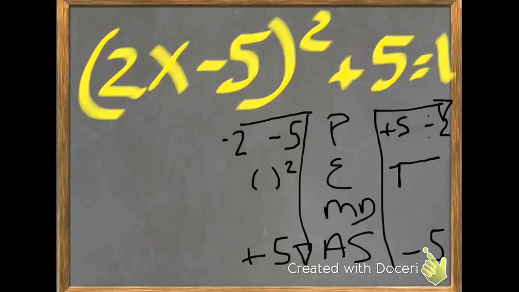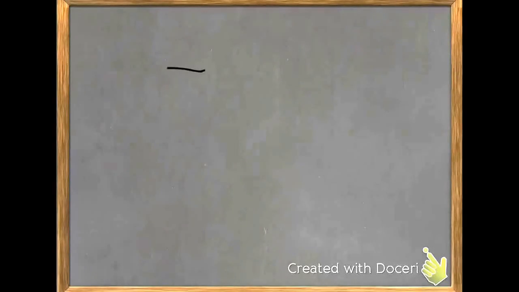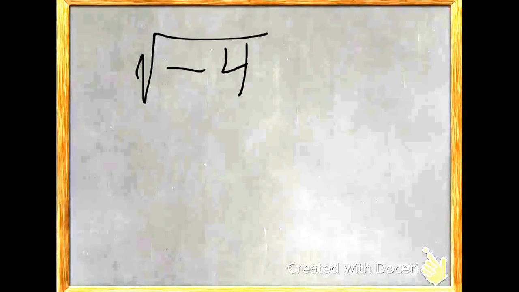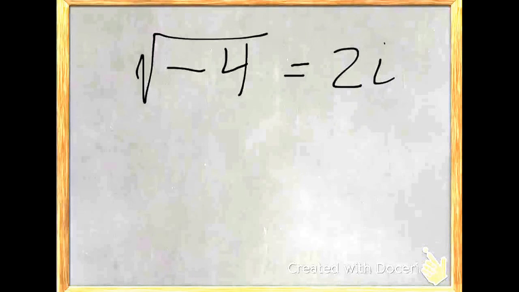And just to show you how easy this is, I'm going to do this problem without even dealing with the left side. I already know what I need to do. I'm just going to look at the right side. So here's my 1 from the right side. I subtract 5 and I get a negative 4. I'm going to need more space. Okay, so I've got a negative 4. I'm going to take the square root of that, which would be 2i.